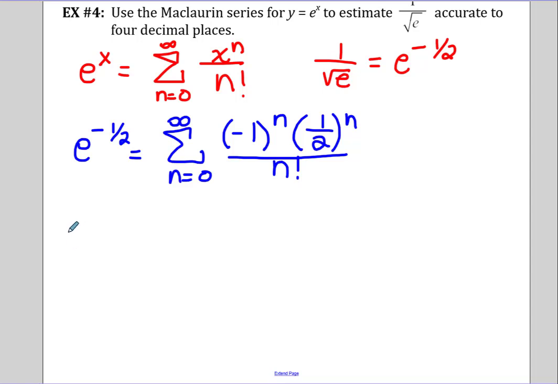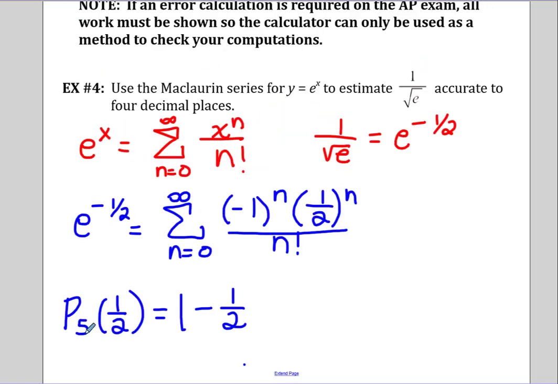So I think we're going to have to probably use 5 or 6. So P sub 5, my Maclaurin series at 1/2. And again, I'm using this summation formula. Okay, so we want to write a 5th degree polynomial.